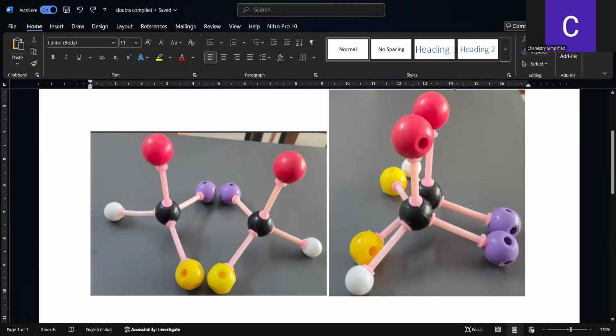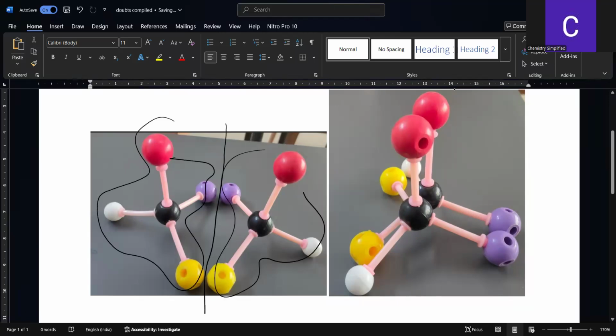These two molecules look the same, but they are mirror images. So two things you need to understand here: they are mirror images. If there is a mirror here, and this is an object, this is the image. So they are exact mirror images, red to red, yellow to yellow, purple to purple, etc.